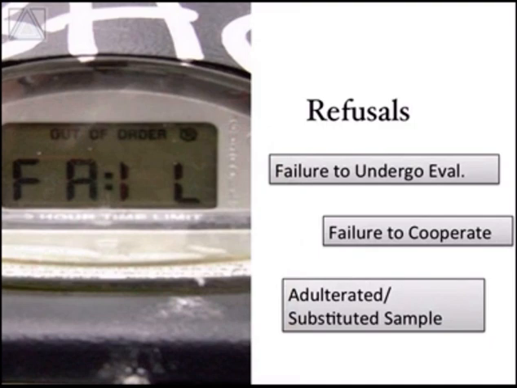A refusal can also occur if the employee fails to undergo a medical examination or other evaluation as part of the verification process in the test. They can also receive a refusal if they have a shy bladder and they refuse to cooperate and come back, or drink water then come back, or if they have insufficient saliva or breath for the alcohol test and they refuse to provide more.